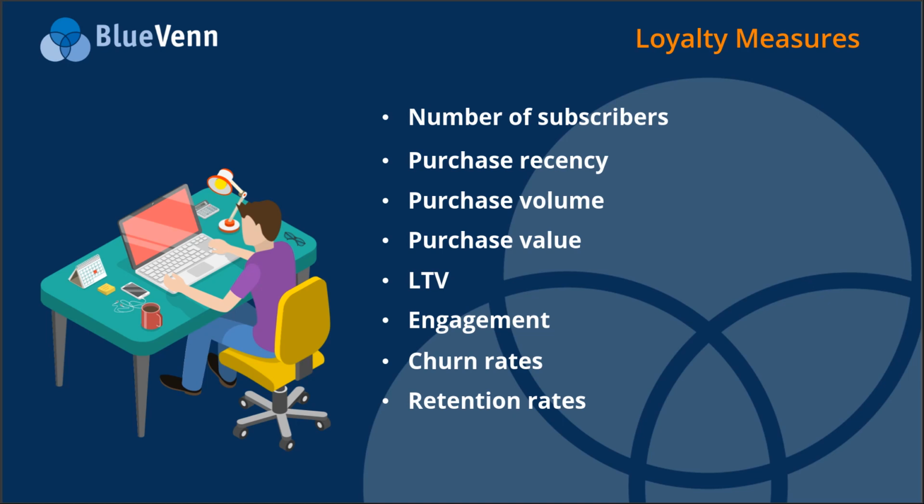Only once we've done this, and we're only able to do this when we have all of our data in one place, which we'll come to a little bit later, are we actually able to start looking at the specific measures like the ones you see on screen as a way to benchmark that loyalty. The other thing we need to consider here is if we need to focus on explicit signs and signifiers that a customer is demonstrating, or do we need to look at things that are slightly more subtle and not quite so easy to metricize from a data perspective, such as word of mouth referrals?